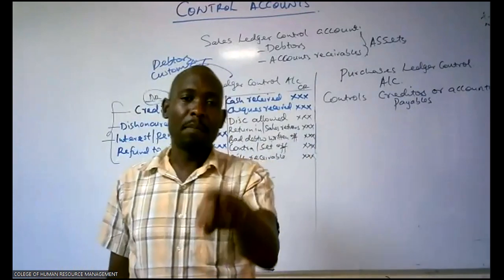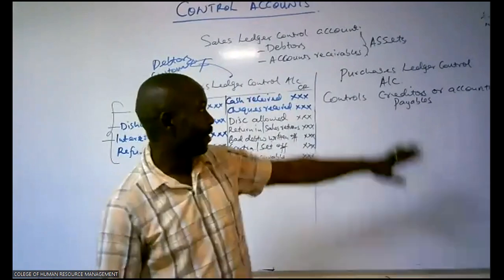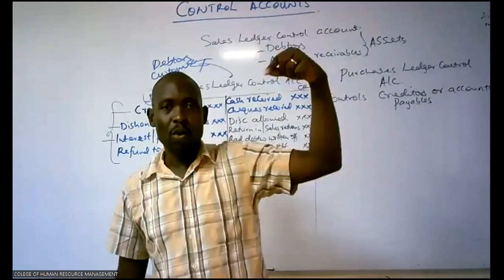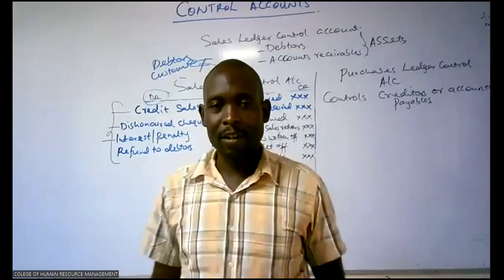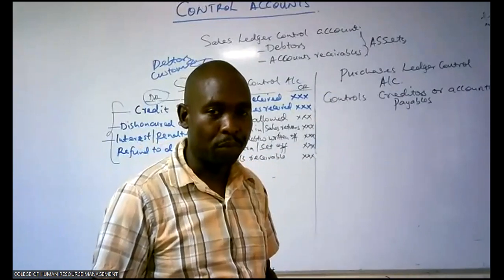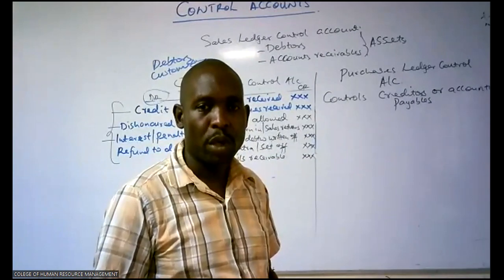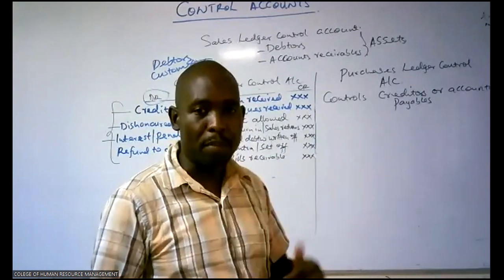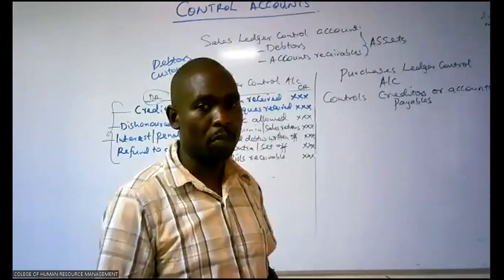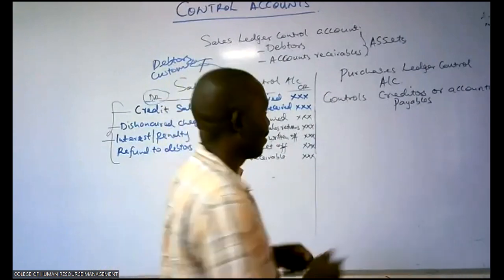These are actually our suppliers who supply goods to our business on credit. Creditors or accounts payable, those suppliers who give us stock on credit, are known as creditors or accounts payables. The same case, we owe them. Remember, for the debtors, they owe the business. But for the creditors, it is the business which owes those particular suppliers. So these are our liabilities.